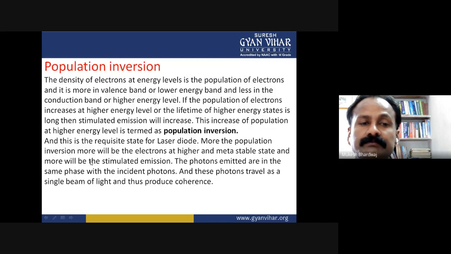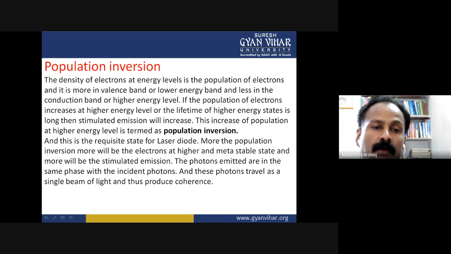Now, population inversion. Population inversion: the density of electrons at an energy level is the population of electrons, and it is more in the valence band or lower energy band and less in the conduction band or higher energy level.